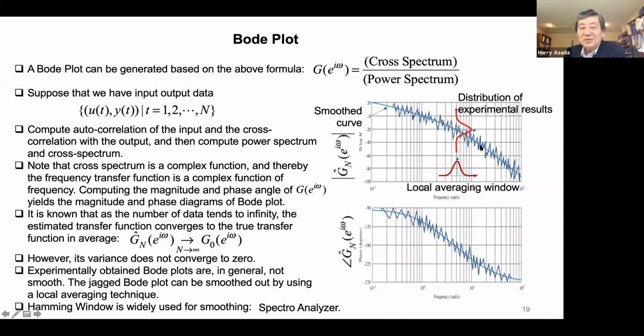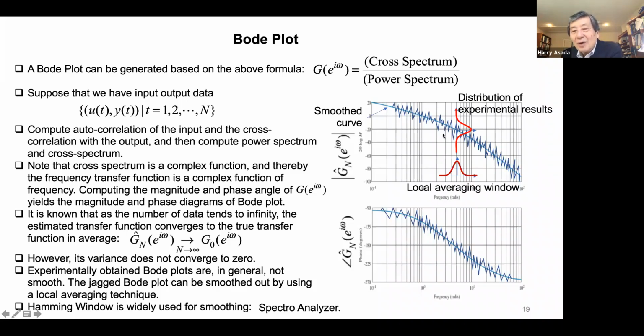But that's not the end of the story. This is very natural, in particular with finite N. However, it is guaranteed to converge in average. So if you repeat this experiment a million times, then in average you get the true one. But you don't have to do that because we can assume that this one is somewhat smooth.